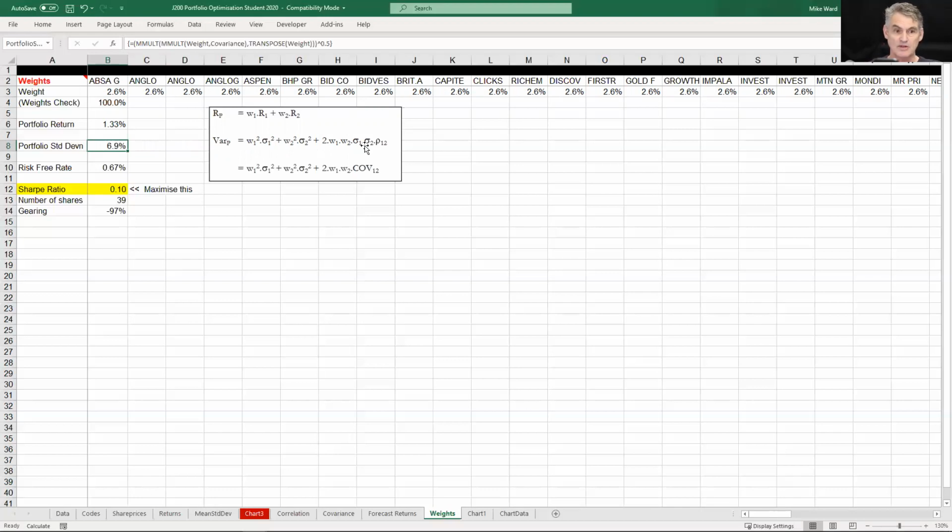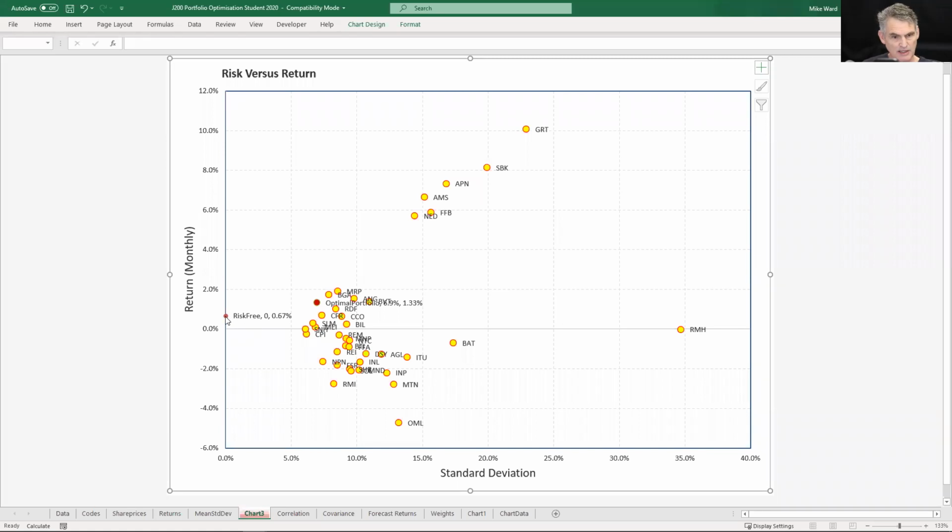I'm plugging in a risk-free rate because we also need to tell Excel where that is. Going back to our chart again, you see we need to tell Excel where the risk-free rate is, because when it optimizes this, it's got to take this distance here, whatever the return on the portfolio minus the return on the risk-free rate, and try to increase this distance over here.